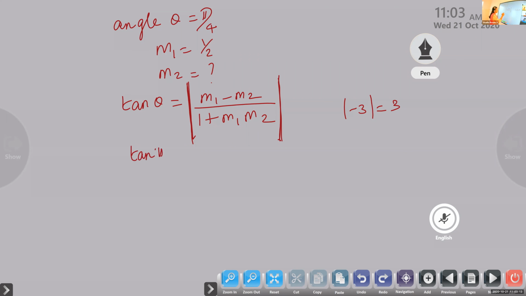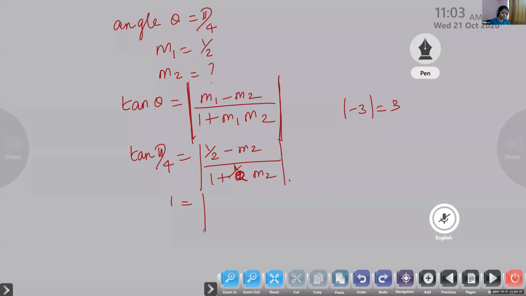So tan 45 is equal to modulus of M1, 1 by 2, minus M2, by 1 plus M1, which is 1 by 2, into M2. Now what is the value of tan 45? Tan 45 is 1. 1 is equal to 1 minus 2 M2 by 2 by 2 plus M2 by 2. Is it correct?